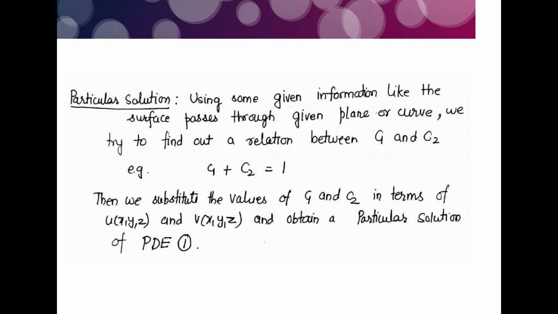Then we try to find a relation between C1 and C2 using these given conditions. For example, we have some relation between C1 and C2 as C1 plus C2 equal to 1. Then we substitute the values of C1 and C2 in terms of u and v, and we obtain a particular solution of the partial differential equation 1.